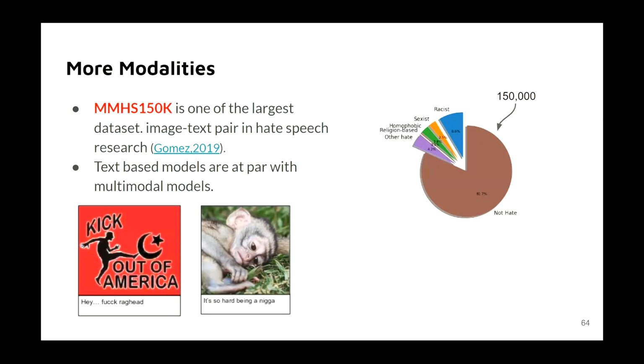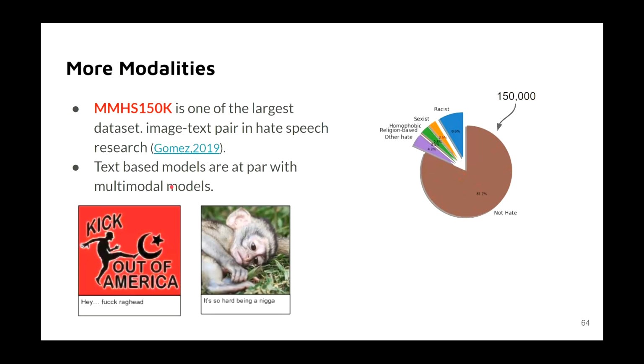Another important aspect of hate speech is the presence of hate speech in image plus text. This kind of study was not present until this paper in 2019. They introduced one of the largest datasets in this domain, MMHS150K, which had around 10,000 hate content items divided into different parts, and the rest were not hate, out of this 150,000 total dataset.